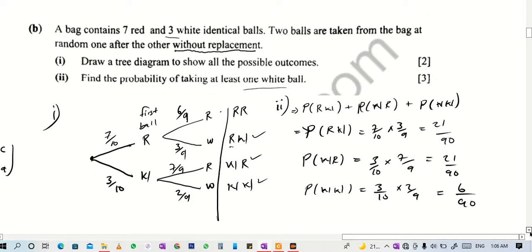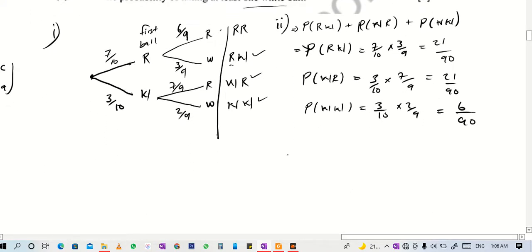So adding all these possible outcomes, we have 21 over 90 plus 21 over 90 plus 6 over 90. 21 plus 21 is 42, plus 6 will be 48 over 90.